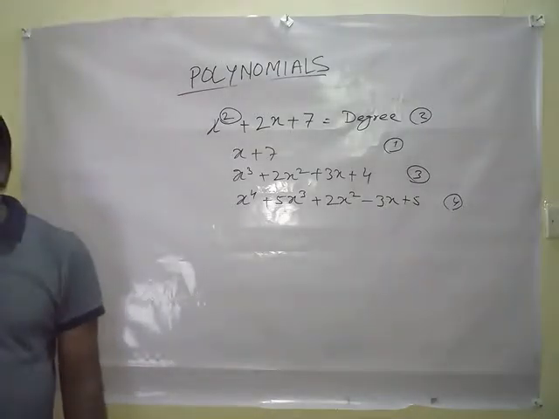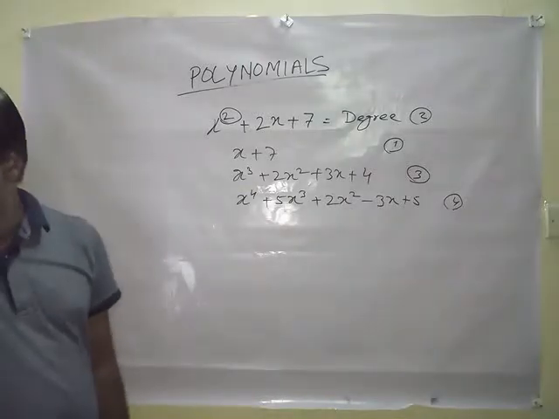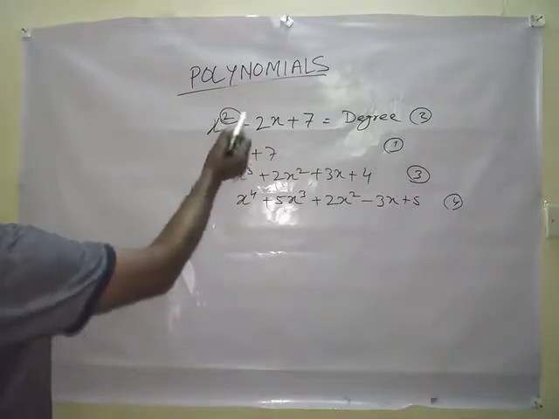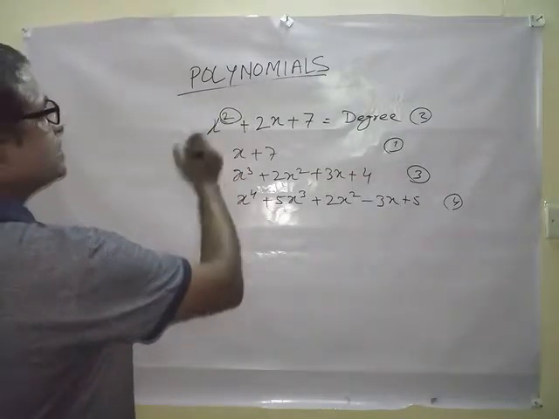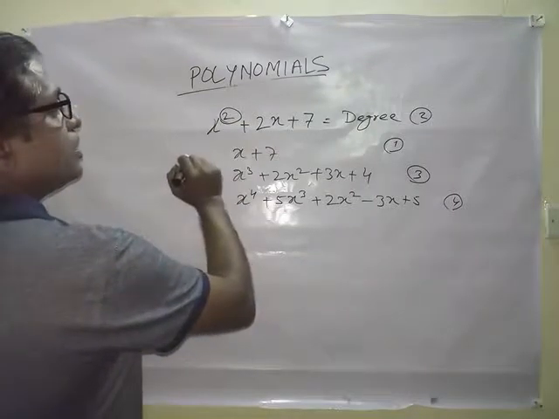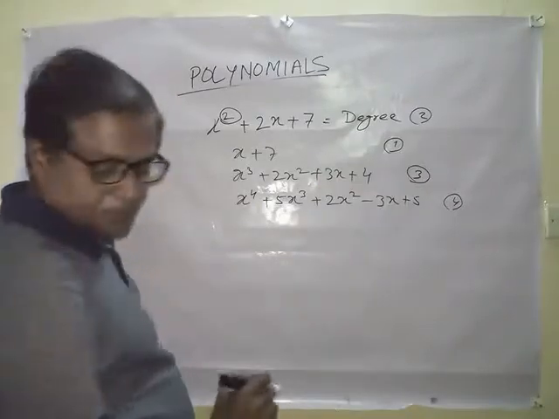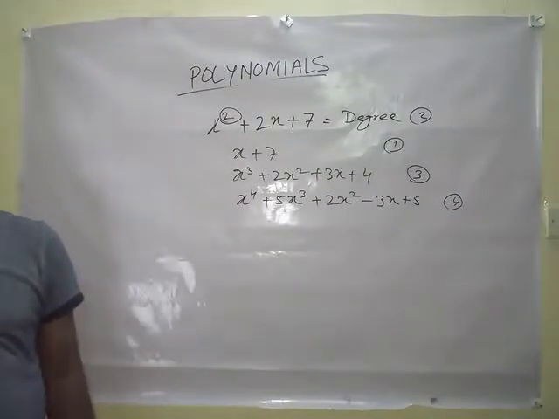Now, in the degree of a polynomial, we have seen the highest exponent, or power, is called the degree. The highest exponent is called the degree.